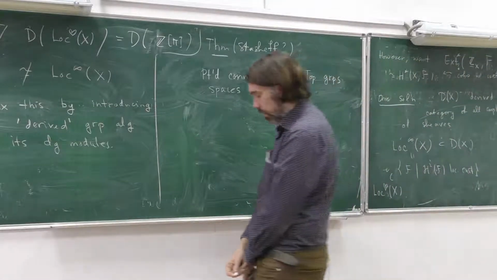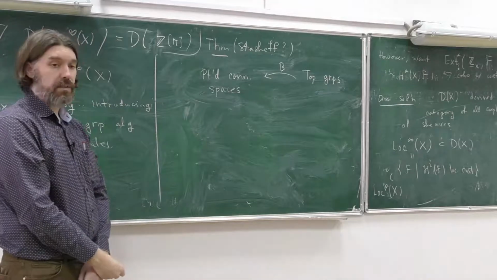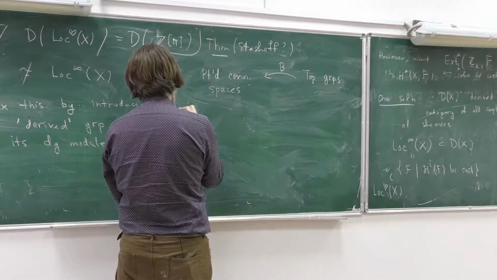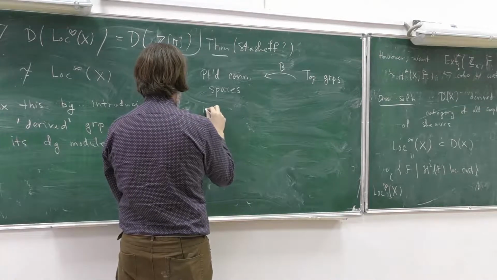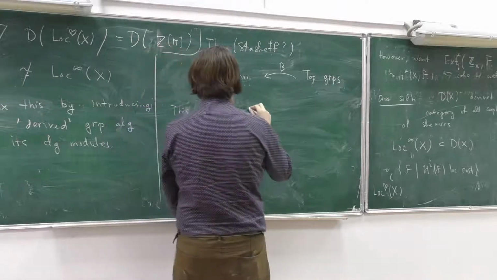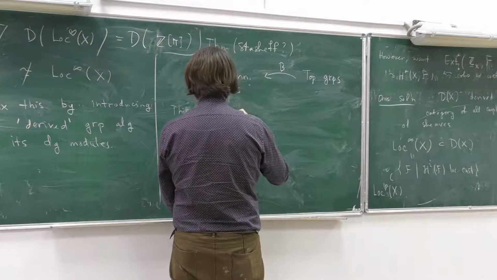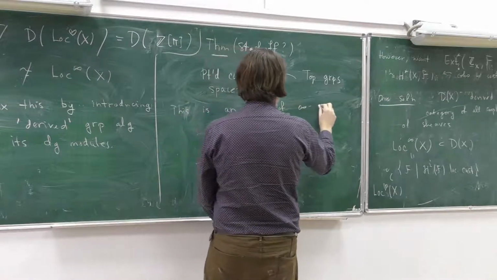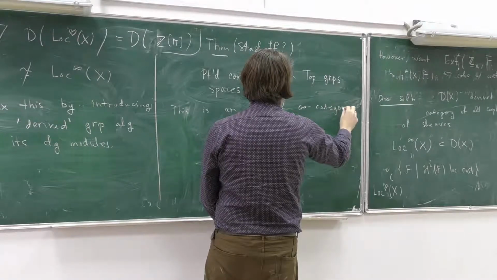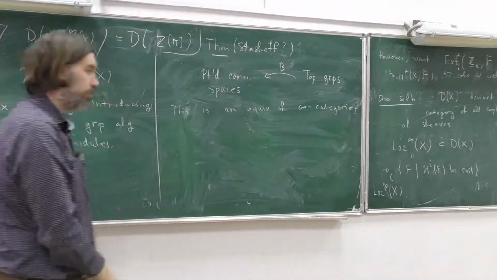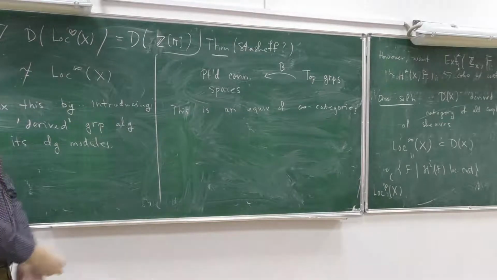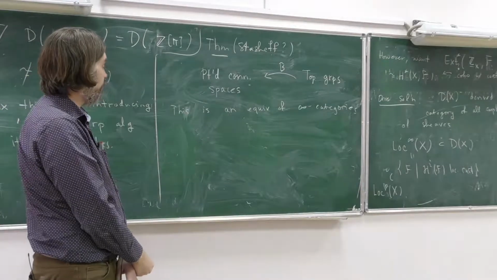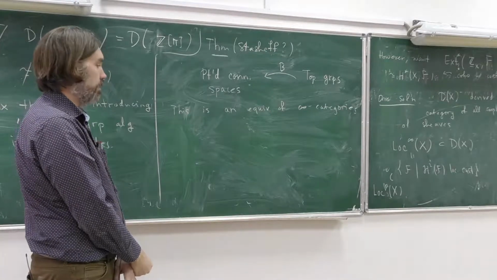And the claim is that, well, this is not quite an equivalence, but it's an equivalence in a homotopical sense. Nowadays people would say an equivalence of infinity categories, meaning if you take the obvious weak equivalences on either side, then it induces an equivalence between the smart localizations with respect to those. Is there an inverse? There is, kind of.